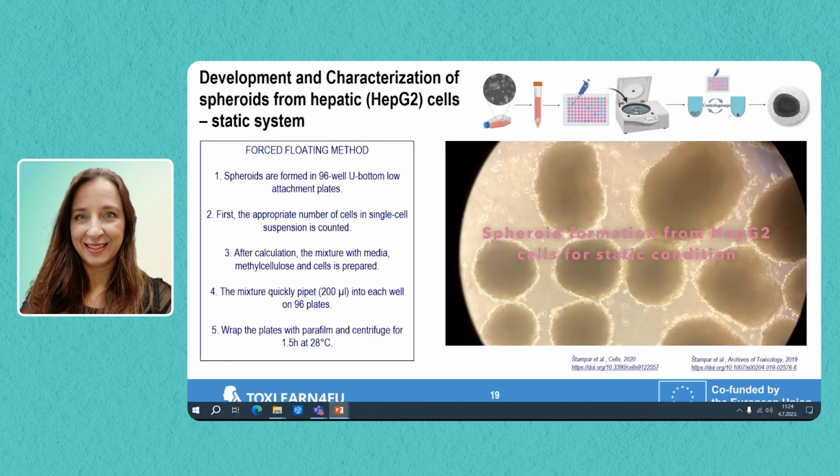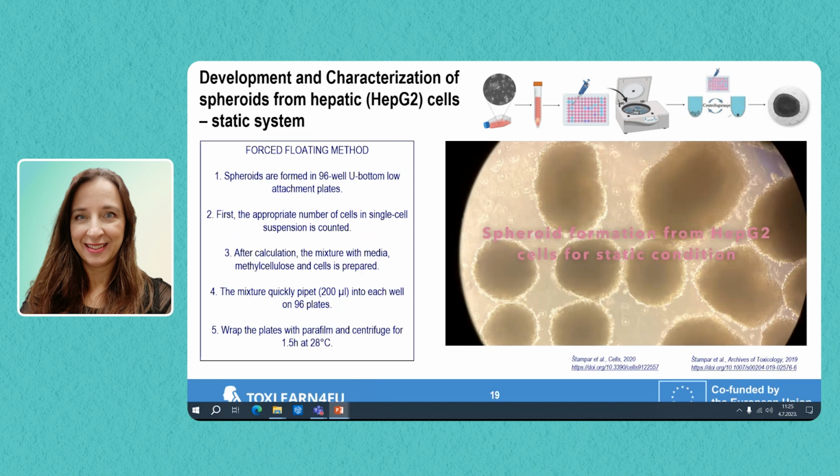So with the force floating method, as I mentioned, the spheroids are formed in 96 well U-bottom plates, where the cells do not stick to the plastic. How we do this: we count the specific number of cells, and then we put them in methyl cellulose. This is a matrix we use so that the cells stick together. And then we put them in the centrifuge so that all the cells gather in the middle.